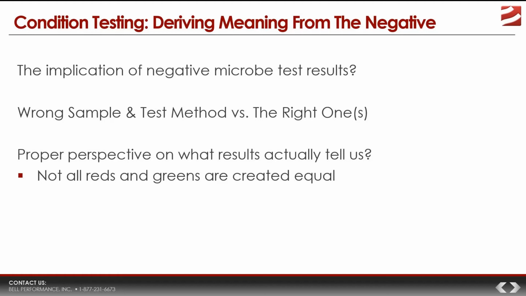Now, for example, if you do a culture test dip slide and it comes back negative, do you know for sure that that means you really have no microbes in that tank? Well, if the answer is no, then what are the possibilities for why it doesn't tell us that?